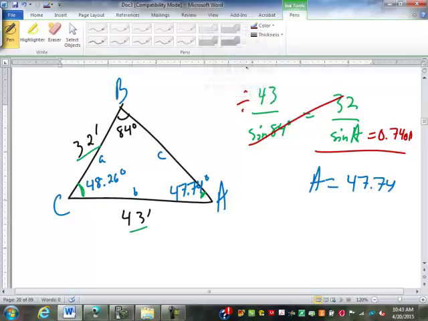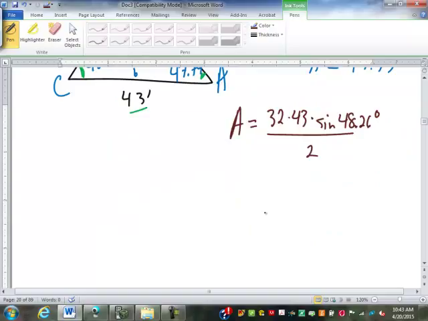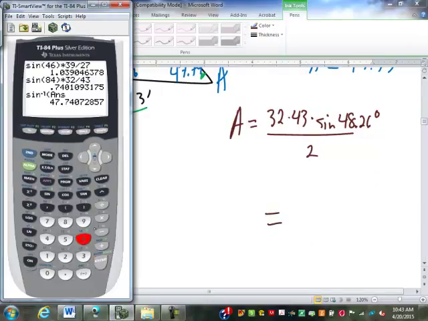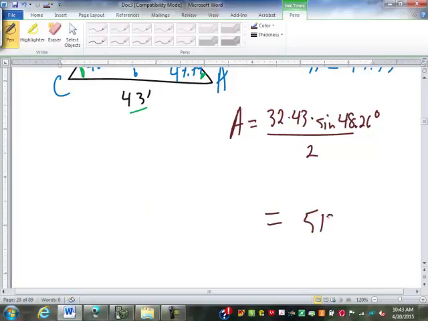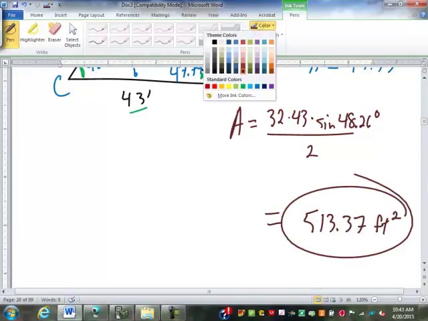So now we can find the area. 32 times 43 times the sine of 48.26 degrees over 2 gives us 513.37. That is feet squared. Good stuff.